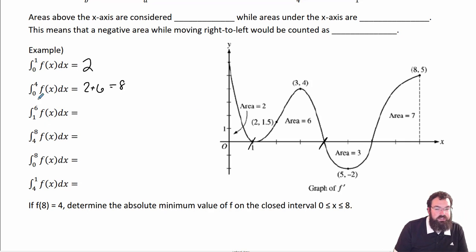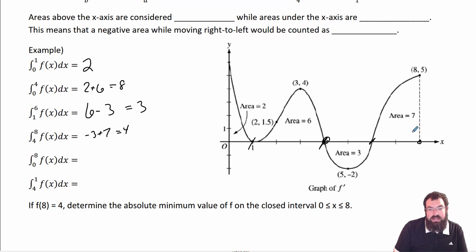From 1 to 6, 1 is right there, 6 is right here. So that's 6, but minus 3, because 3 is underneath, and therefore we get 3. From 4 to 8, from 4 right here to 8 over here, we know that that's negative 3, plus 7. So negative 3 plus 7 is positive 4.